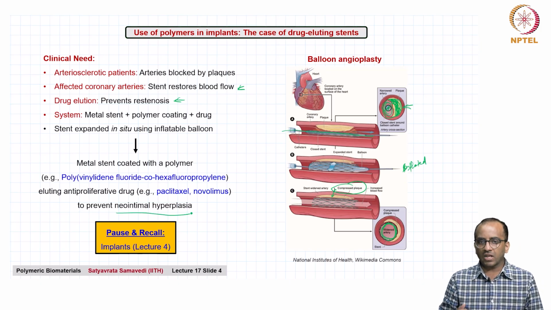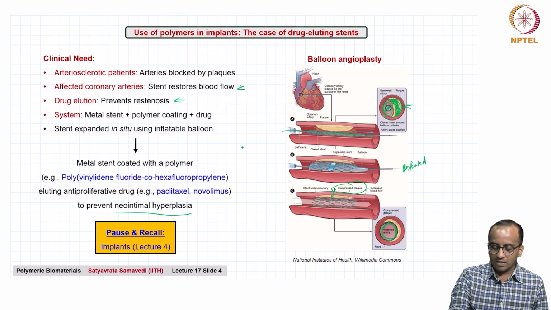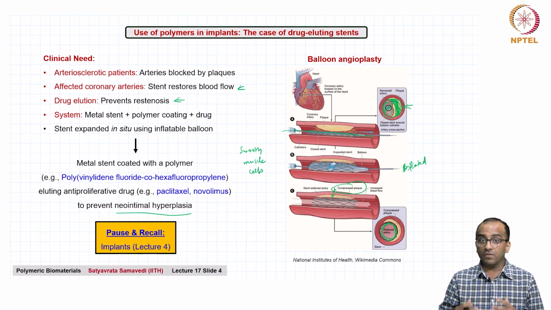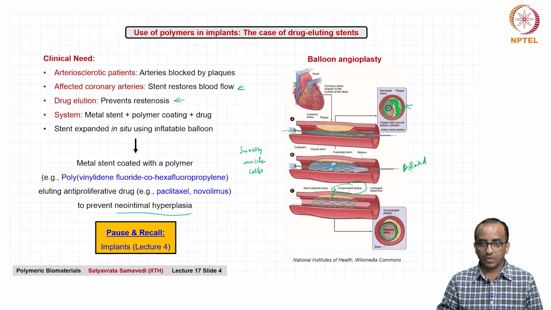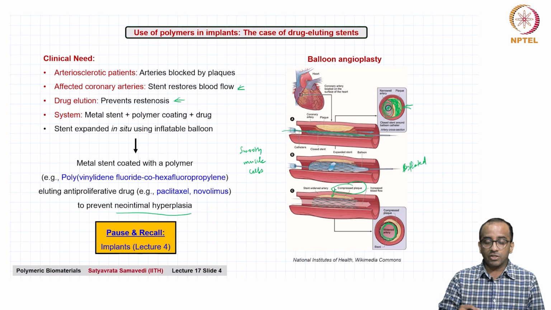Essentially, what happens is with time, there are smooth muscle cells that start proliferating, and as they proliferate, they start again thickening the artery walls, thus again reducing the space available for blood flow. Having the stent doesn't really help at that point, because if you have restenosis, then you get back the old problem where you have disrupted blood flow.